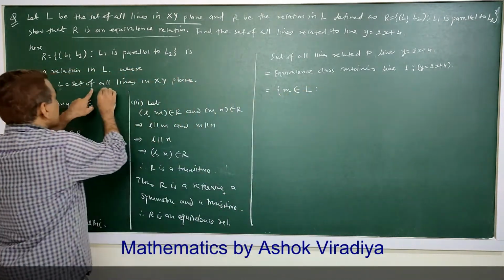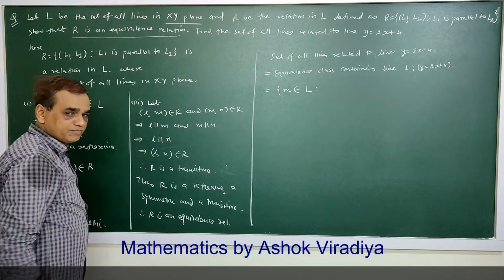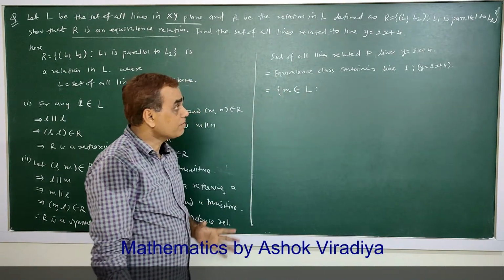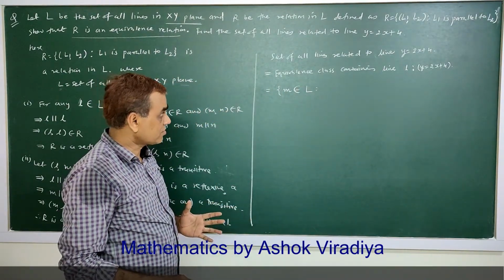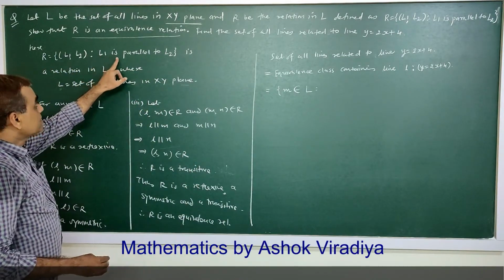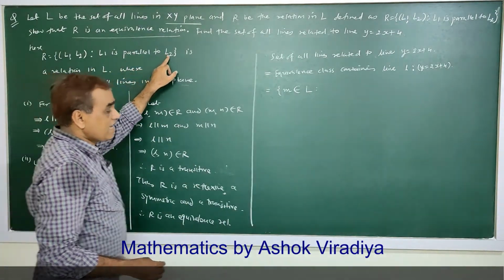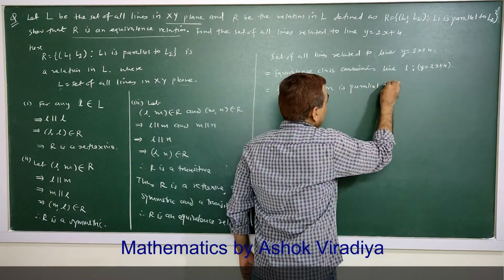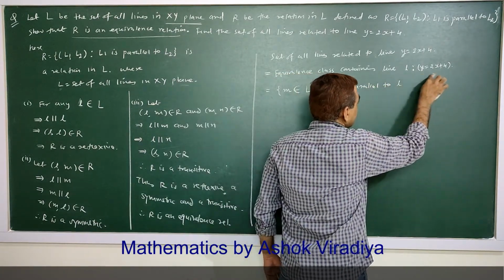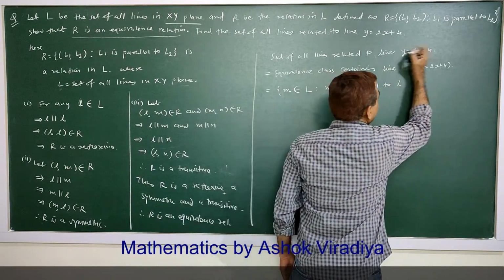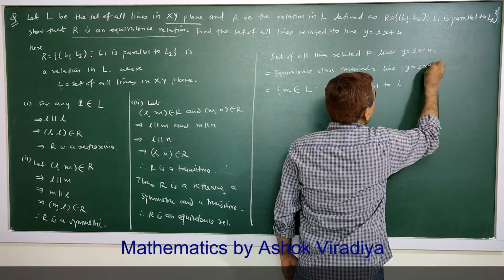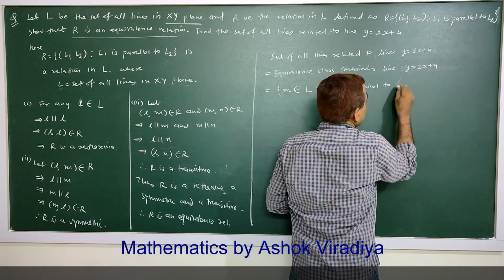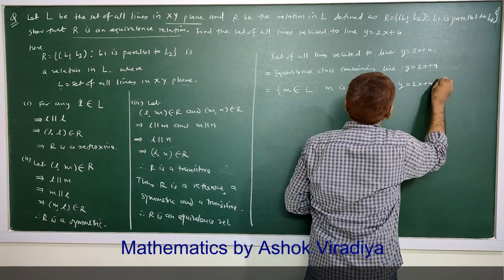What is L? Lines in the xy plane. That means it is the set of all lines in the xy plane such that M is parallel to this line L. Let me keep only the equation y equal to 2x plus 4. That means M is parallel to the line y equal to 2x plus 4.